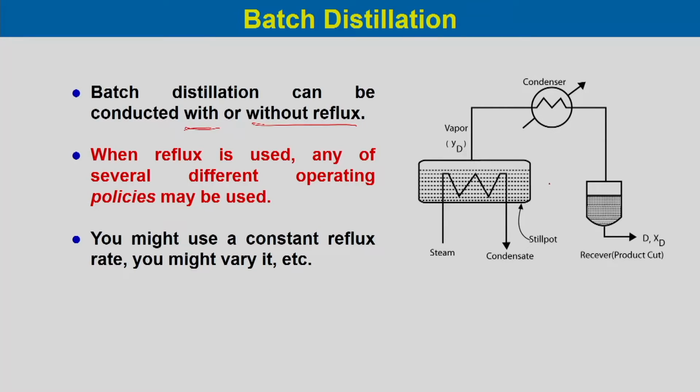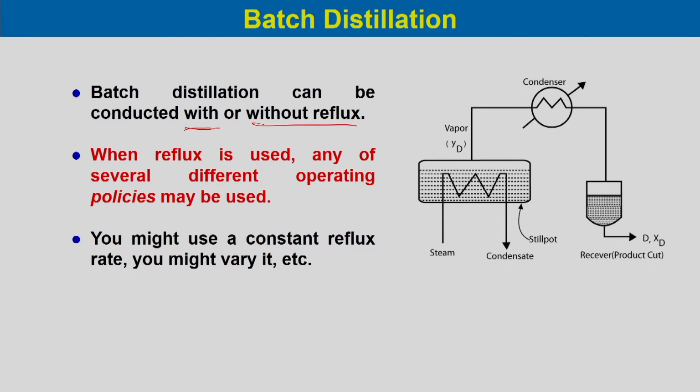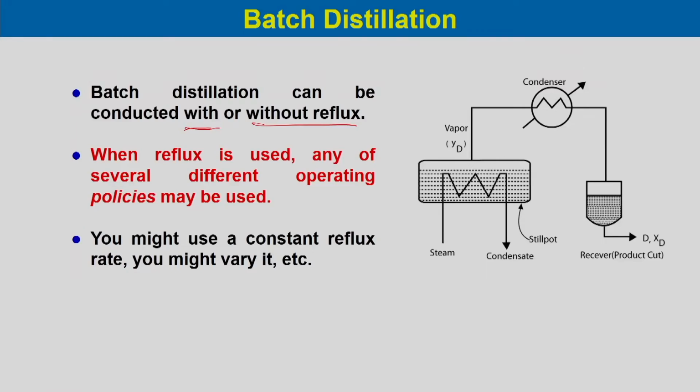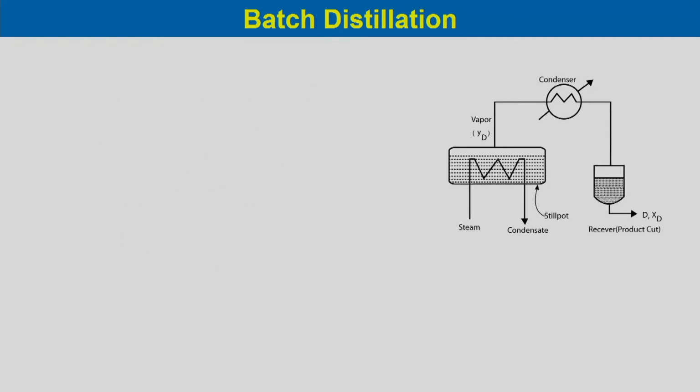Like in general distillation operation with a fractionator, where you can change the reflux ratio, you can have a fixed or constant reflux ratio, or you can also use a variable reflux ratio. You can vary it or keep it constant, depending on the requirement.